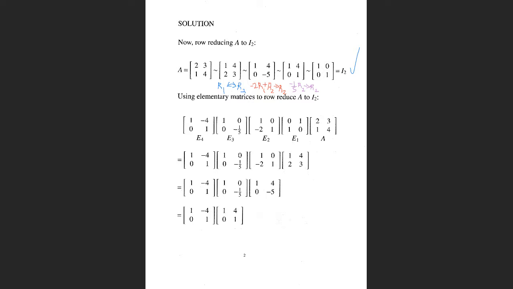And then finally, the last step, what I did was I took -4 times row 2, added it to row 1, and put the result in row 1.